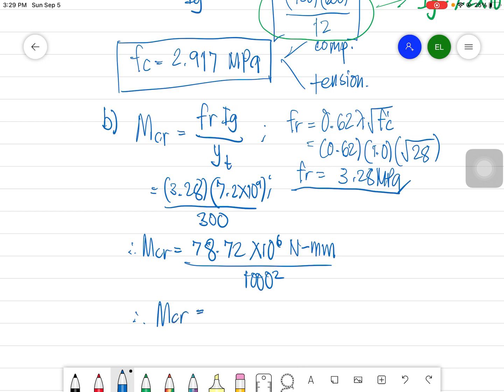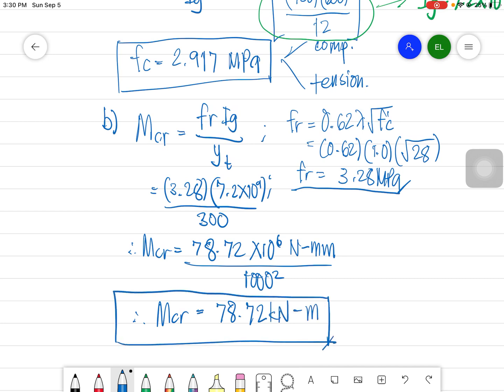Therefore Mcr is equal to 78.72 kilonewton meter. This is the cracking moment, and definitely this is greater than the given moment, which is 70 kilonewton meter.